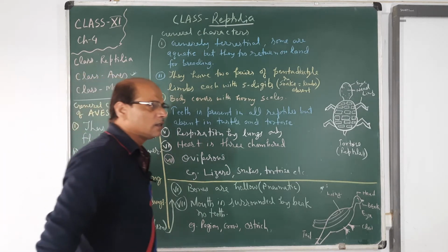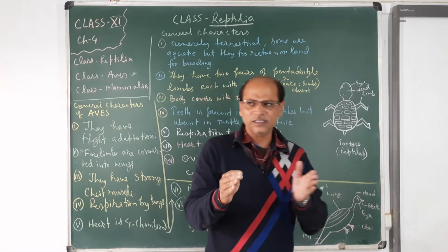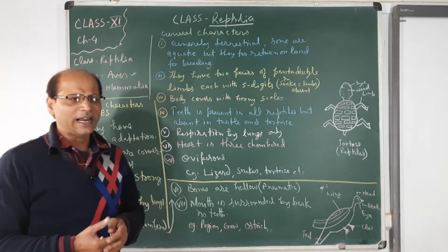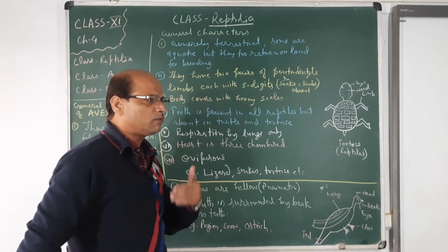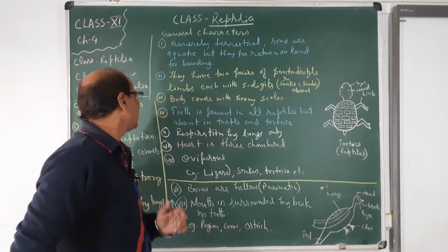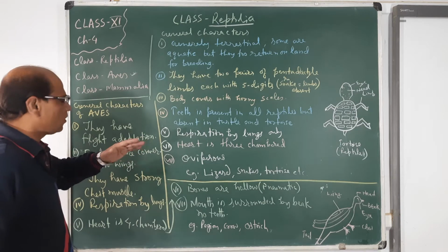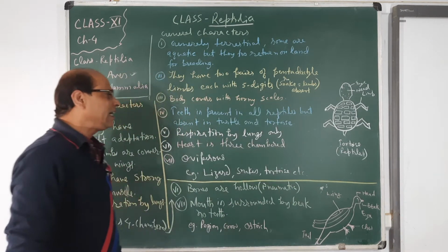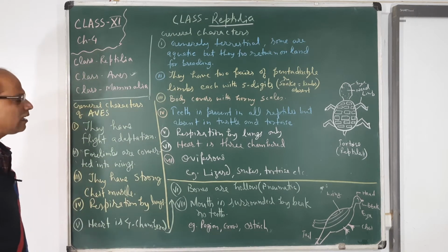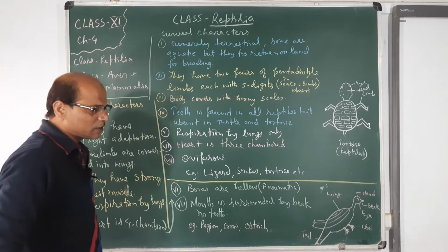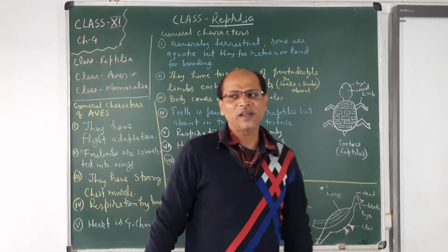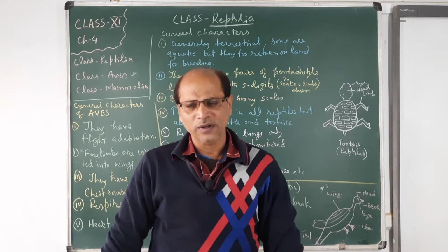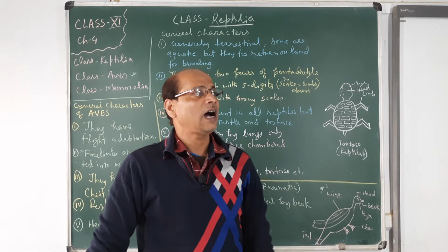In this group the body is covered with feathers, and the feathers may be of two types: body feathers and flight feathers. When they move with the help of flight feathers, they can uplift their body and move in air easily with the help of their forelimbs, which are adapted as wings. The wings are covered with feathers, they also have waterproofing, and they are light in weight.